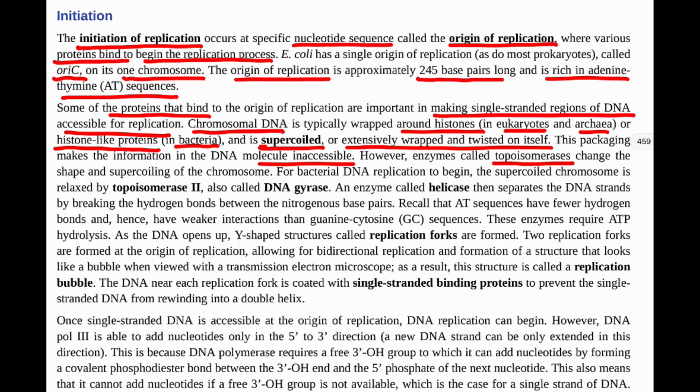So for bacterial DNA replication to begin, we have to relax that by using topoisomerase 2. Topoisomerase 2 comes in and unwraps and relaxes this supercoiling of the DNA. It's also called DNA gyrase. Then we have an enzyme come in that's called helicase, and that's going to separate the DNA strands by breaking the hydrogen bonds between the base pairs.